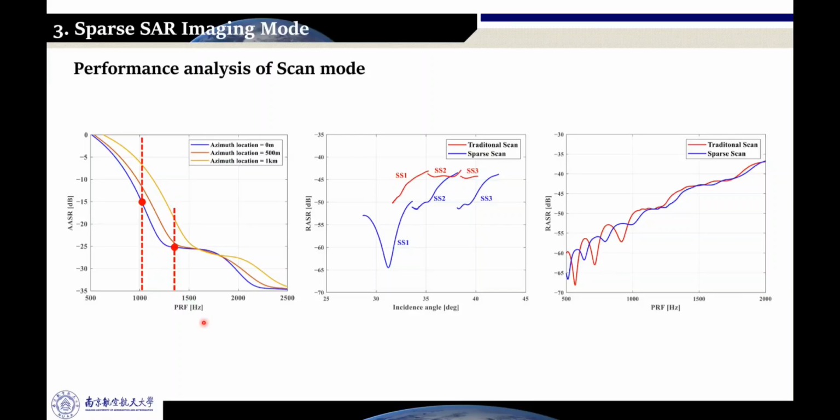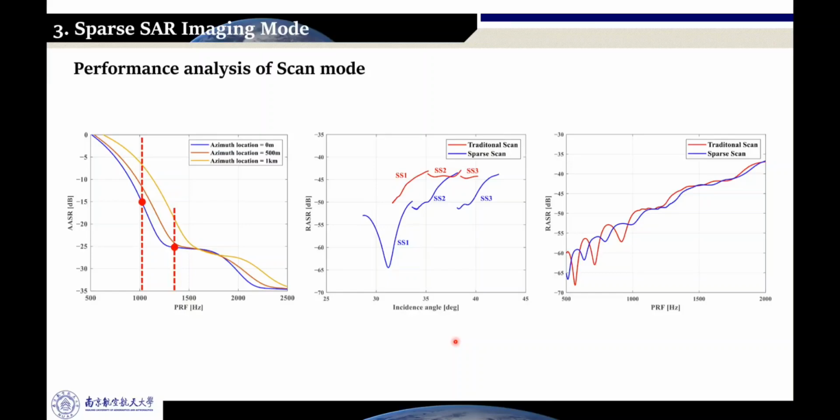The ASR of scan mode is calculated in the same way as in strip map because the scan mode has no extra processing in the range direction. The relationship between ASR and the incidence angle for each subswath in traditional and sparse scan mode is shown in the middle figure. The red line is the traditional scan mode and the blue line is the sparse one.